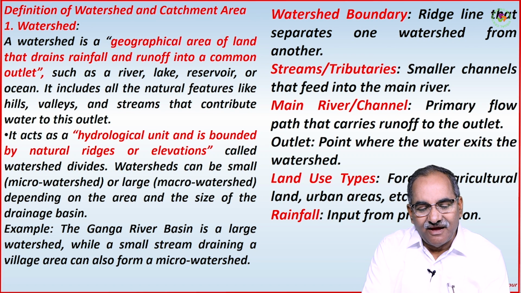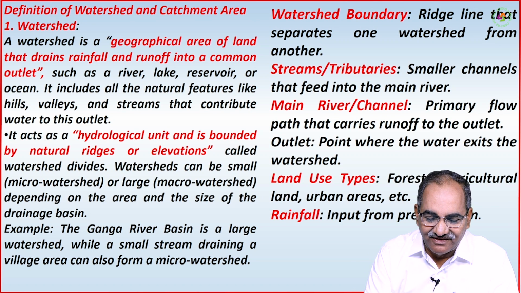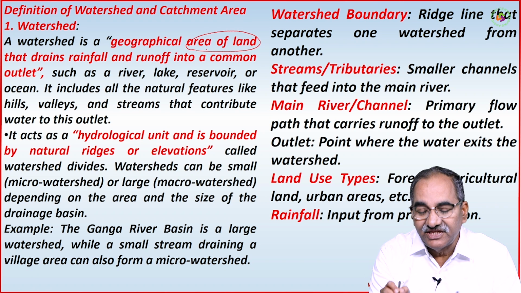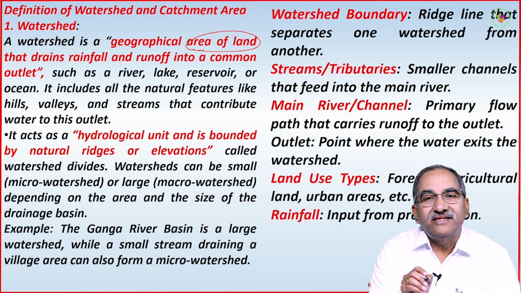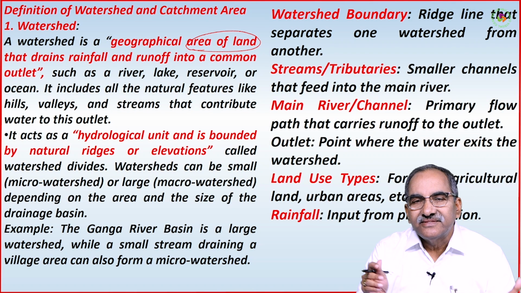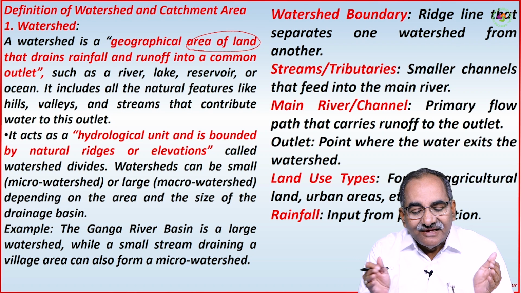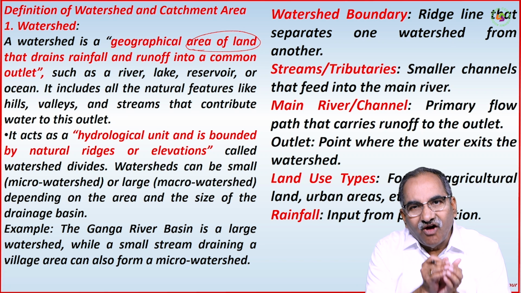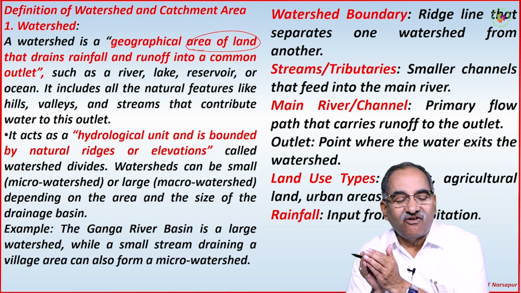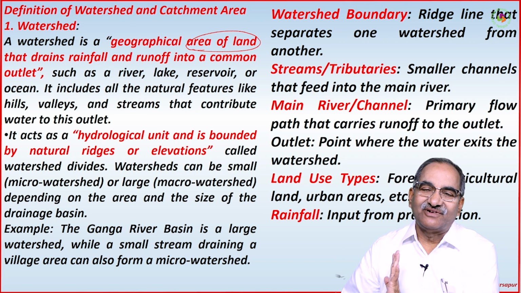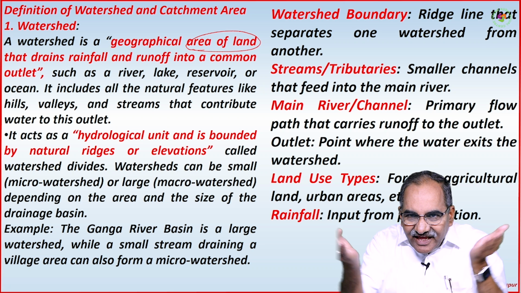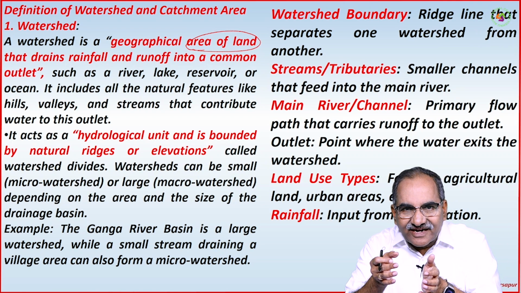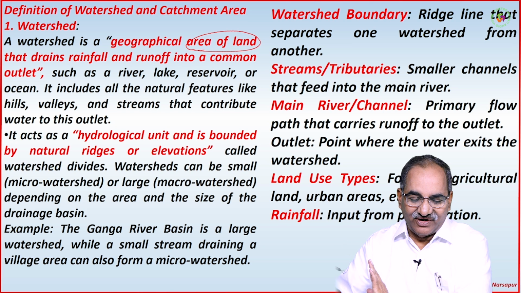When taking up what a watershed actually is, it's an area of land. Please remember, the watershed is nothing but the area of land from which the runoff drains off into a common outlet. It is an area from which the runoff is collected through a common point.